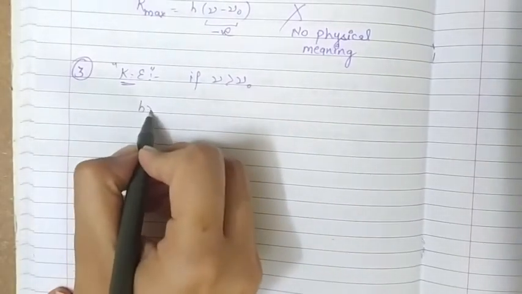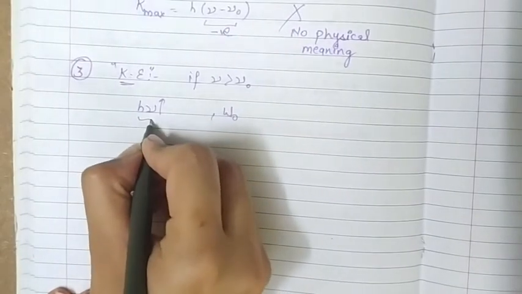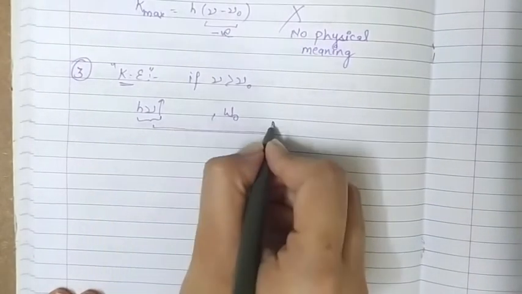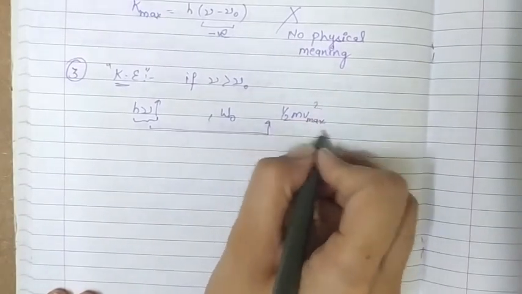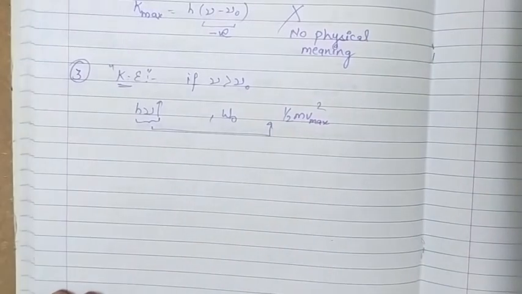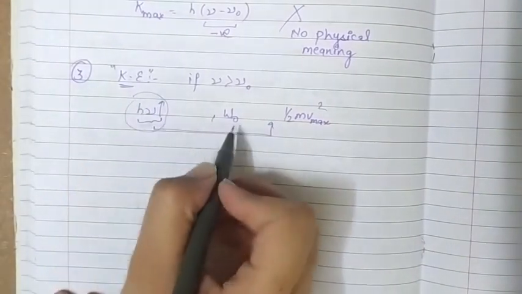So as we increase h nu, w naught is fixed. That increased amount of energy will go to the part half m v max square, that is the maximum kinetic energy. As we know, the energy of the incident photon is used for two purposes.